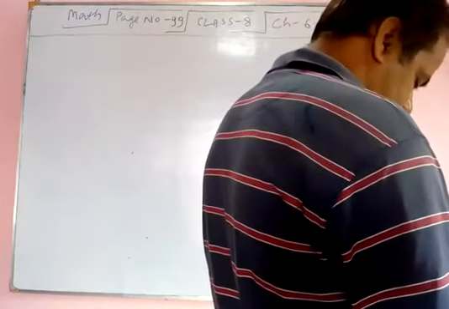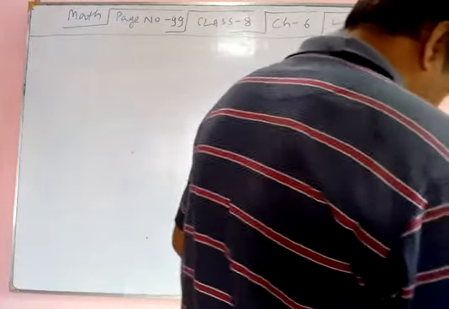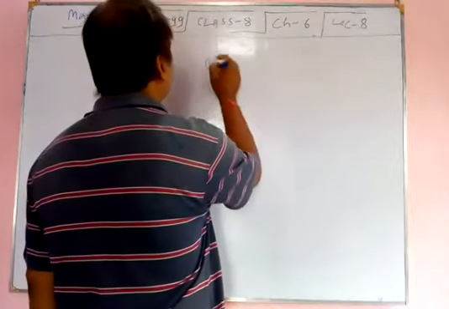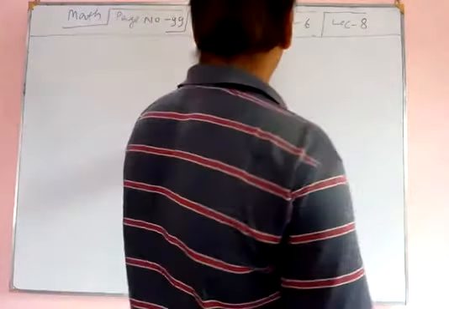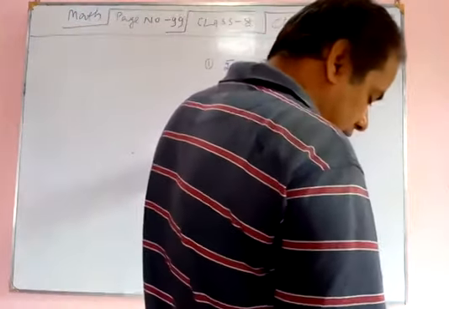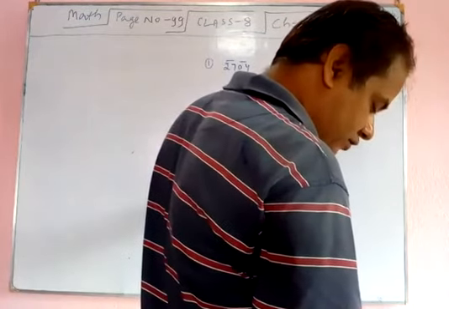For example, 2704. Number of bars is equal to 2. How? 27 and 04. Number of digits in the square root is 2.